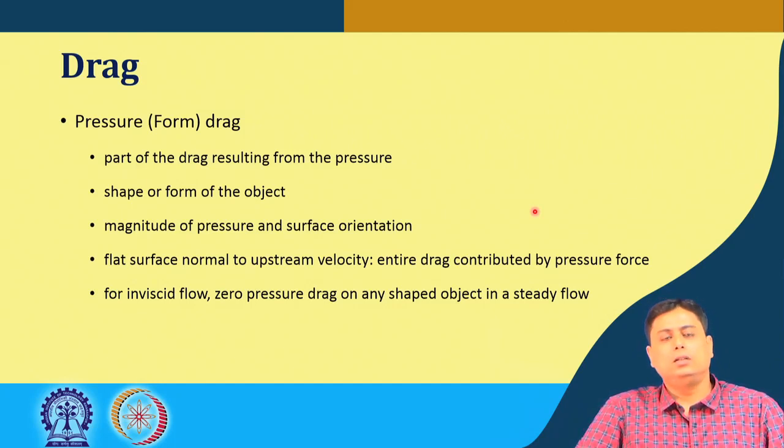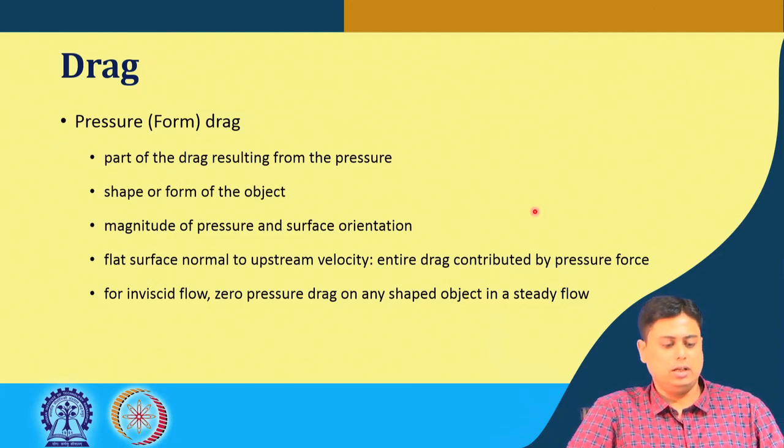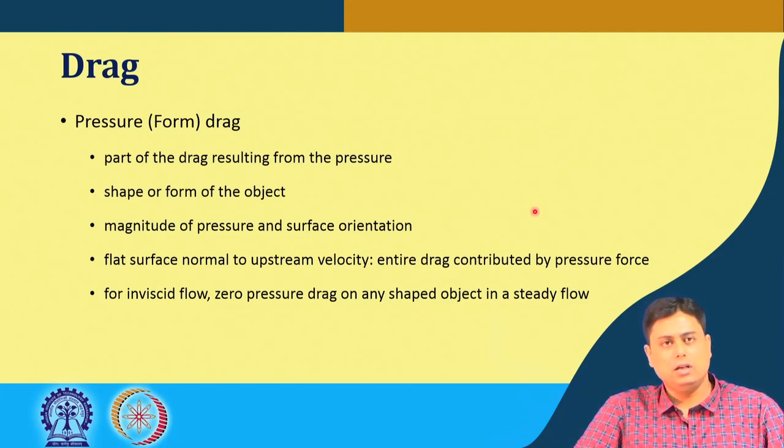For example, in the last case that we mentioned, when there is a flat surface normal to the upstream velocity, the entire drag force is contributed by the pressure force. And for inviscid flow, there is zero pressure drag on any shaped object in a steady flow, because this comes by its logical conclusion.